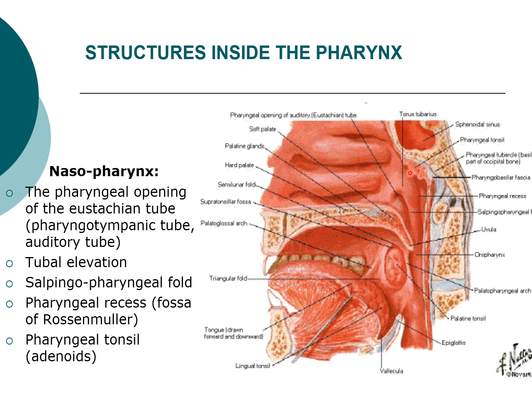So when the pharyngeal tonsil becomes big and swollen, it is called adenoids. This occurs usually in young age. So these are the structures found in the nasopharynx: the Eustachian tube opening, the tubal elevation, the salpingopharyngeal fold, pharyngeal recess, and pharyngeal tonsil.